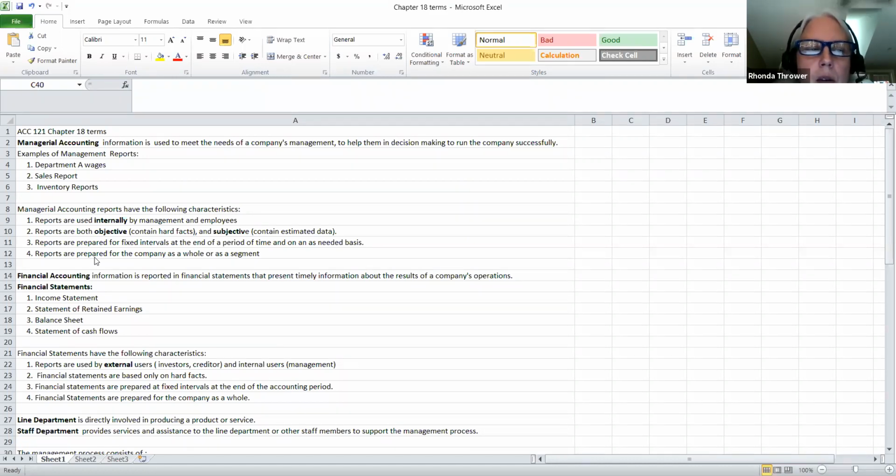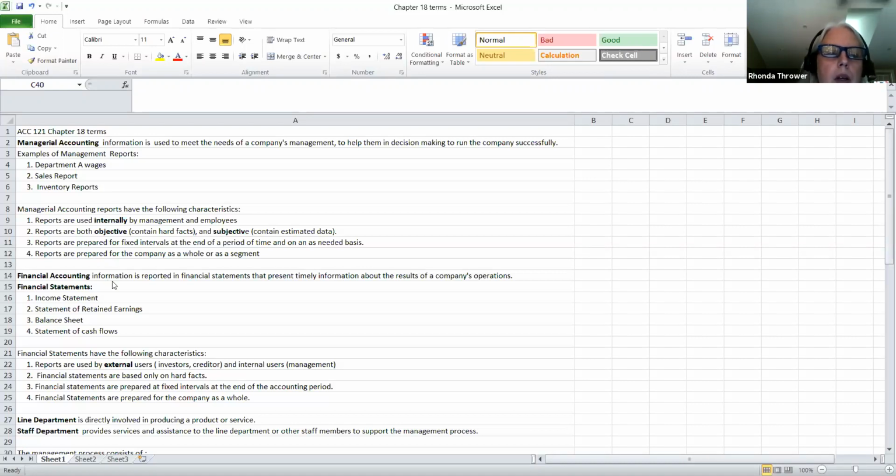So the reports can be for segments of a company too. They don't have to be just for the whole company. They can be for a particular department, a particular product. They could be prepared for different segments of a company.